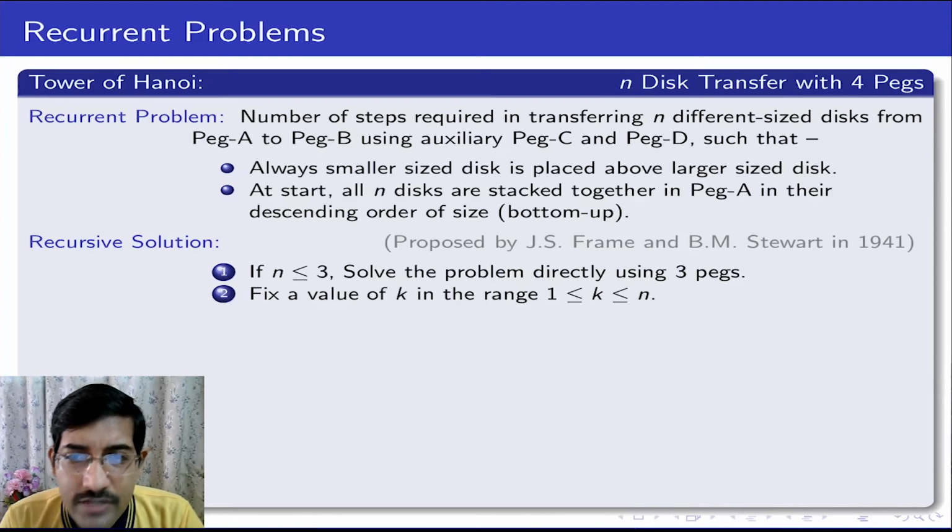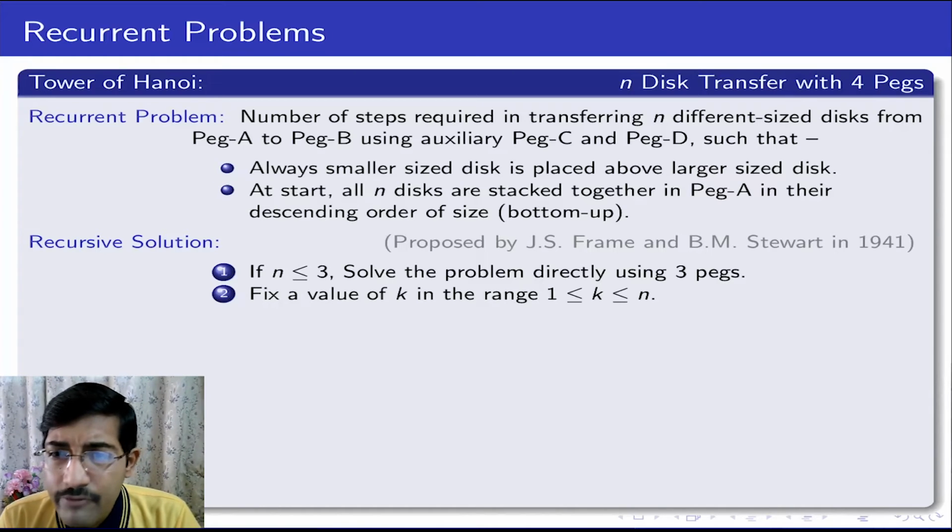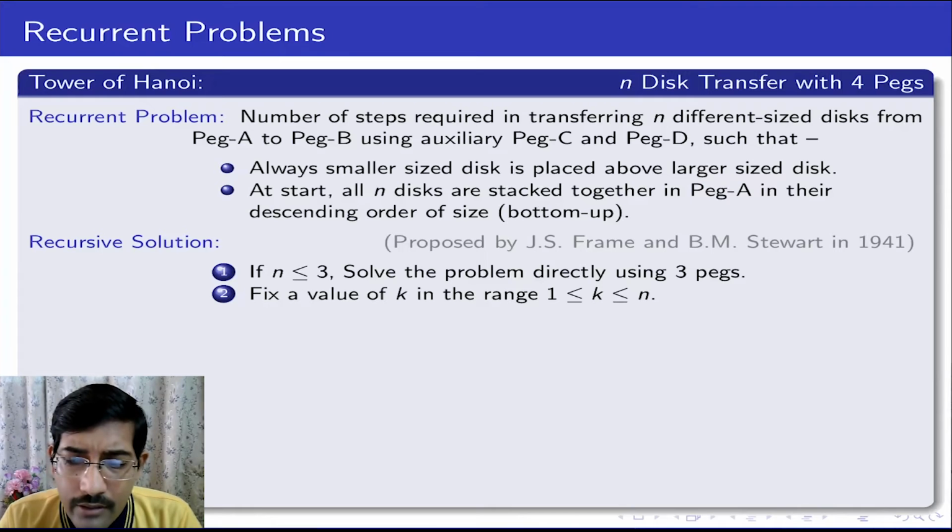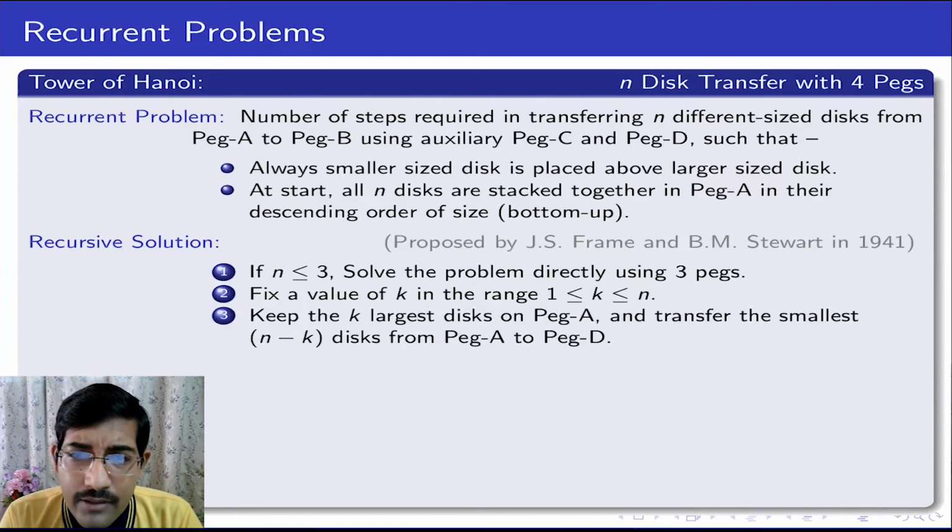Otherwise, the concept that I was telling, that I will fix a value of k, which is better and all that we will try to justify in a minute. I will fix a value of k which is between 1 and n. And I will keep the k largest disks on peg A and transfer the smallest n minus k disks from peg A to D. Okay.